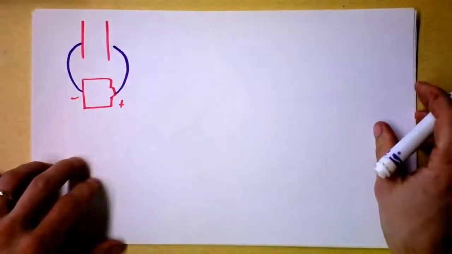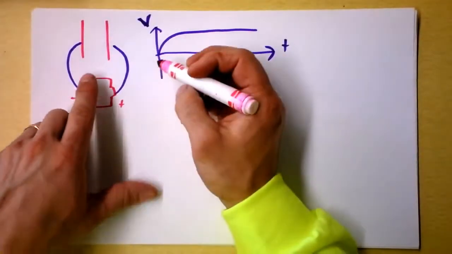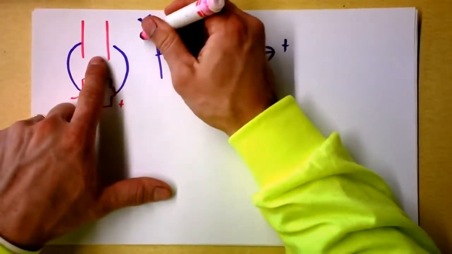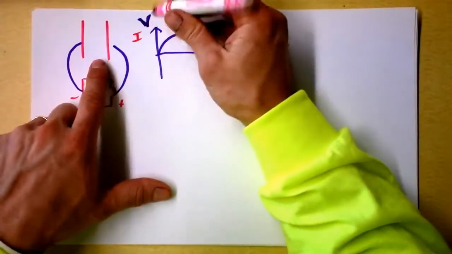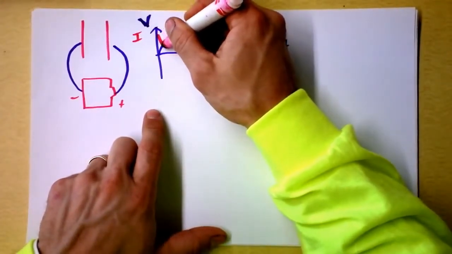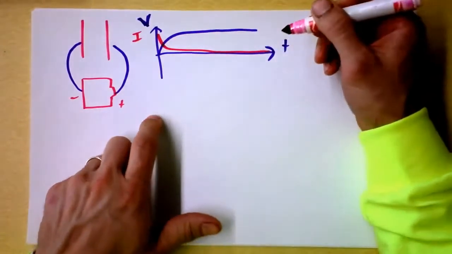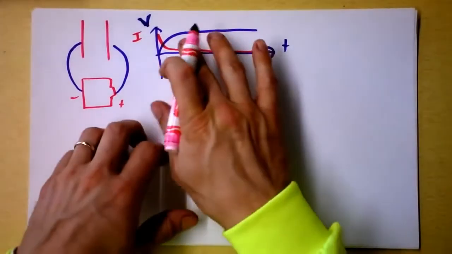As soon as I connect that, the current immediately will be huge. There'll immediately be a very large current, and then the current will taper off and approach 0, where these guys are acting very differently, right?